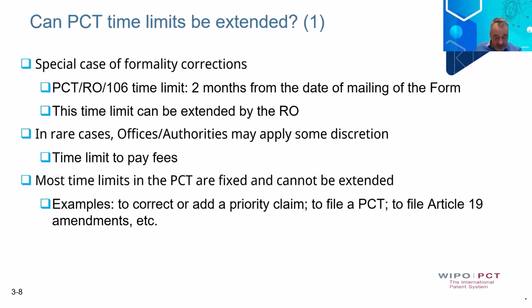But in exceptional cases, if something couldn't be corrected earlier and the RO still accepts a late correction, we would of course go ahead and republish the application as corrected by the receiving office.